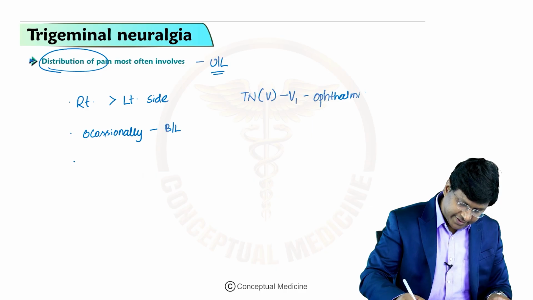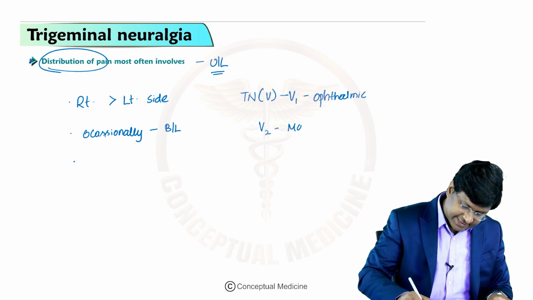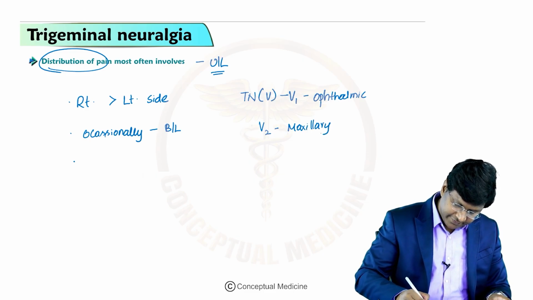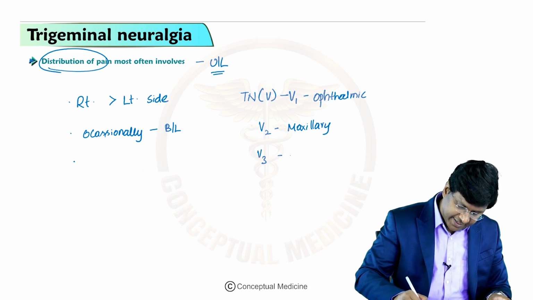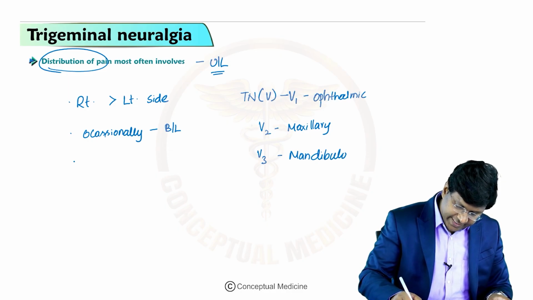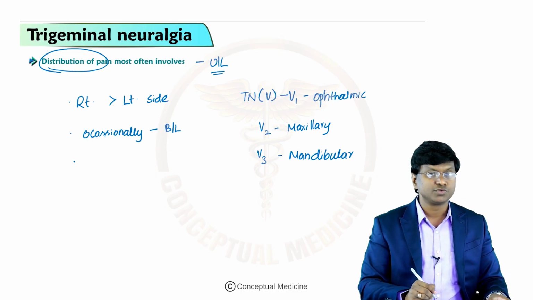And then you have 5-2, which is nothing but maxillary. Then we have 5-3, that is mandibular. So now, where exactly is the distribution of the pain most commonly?